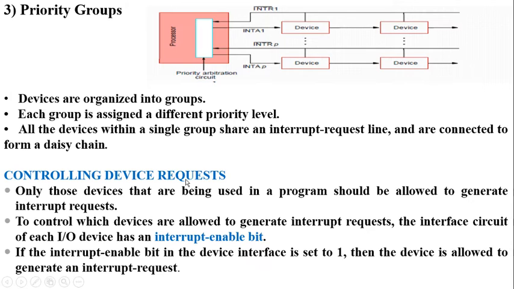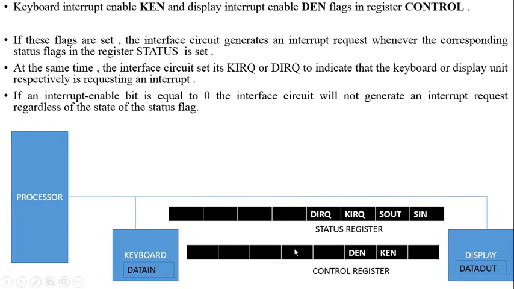Okay, so in order to control the device interrupt request from various devices, we use different bits of information, which are given here in this diagram. Here we have the processor, keyboard and display unit, and these I/O interfaces are associated with two registers, the status register and the control register.